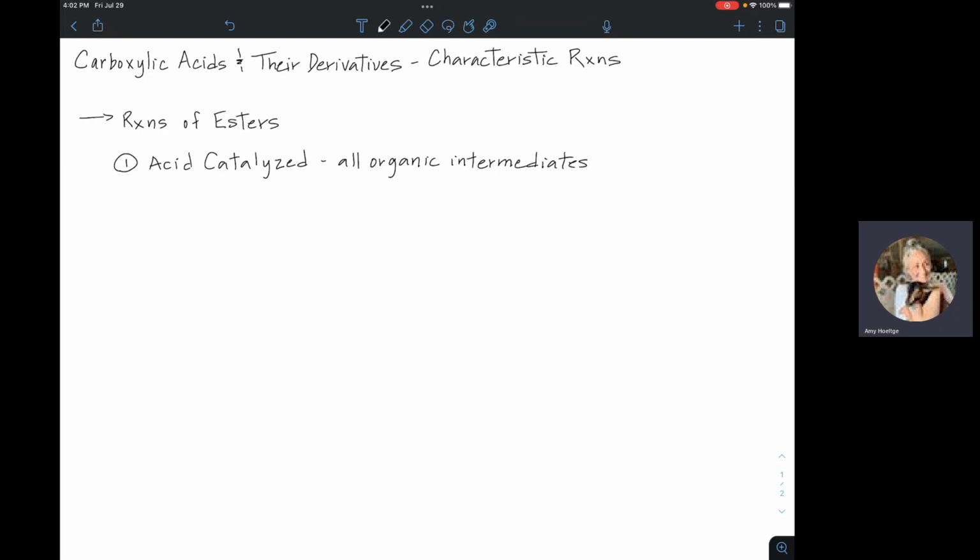Should say positively charged is probably better. All organic intermediates are either positively charged or they can be neutral.